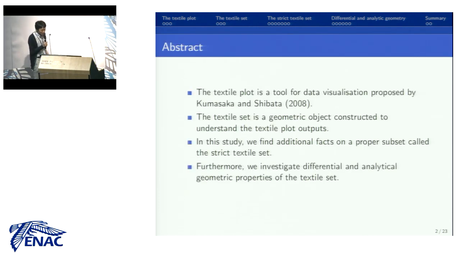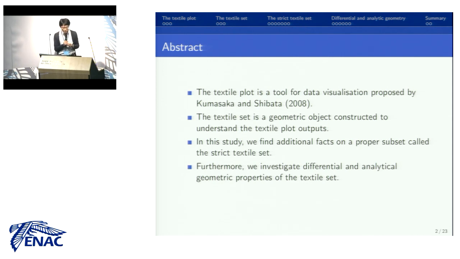In this talk, we will investigate the textile set and the strict textile set, which are related to a data visualization tool called the textile plot, which was proposed by Kumasaka and Shibata in 2008.